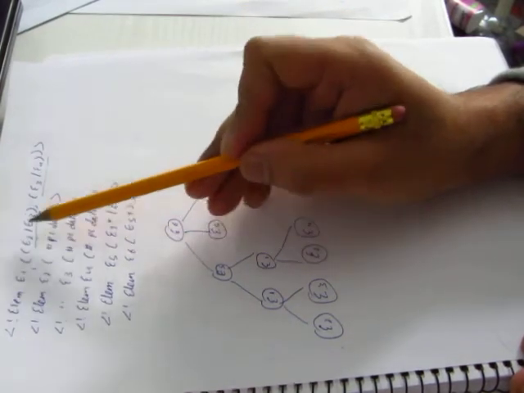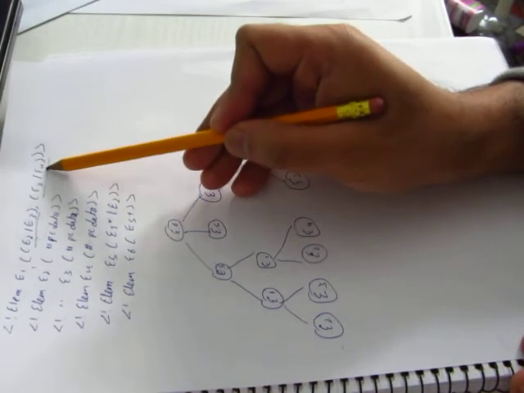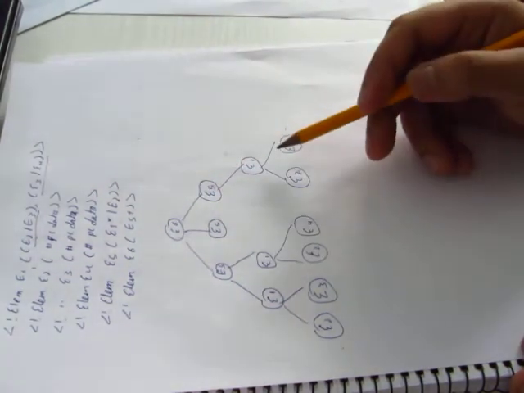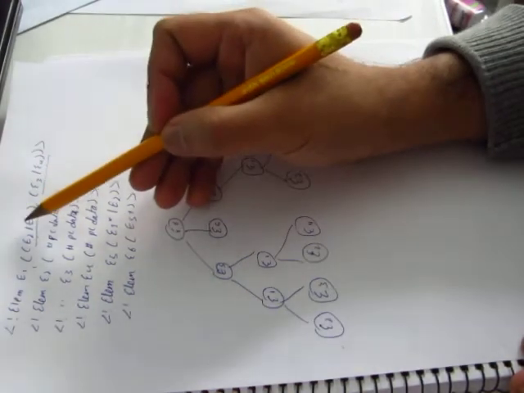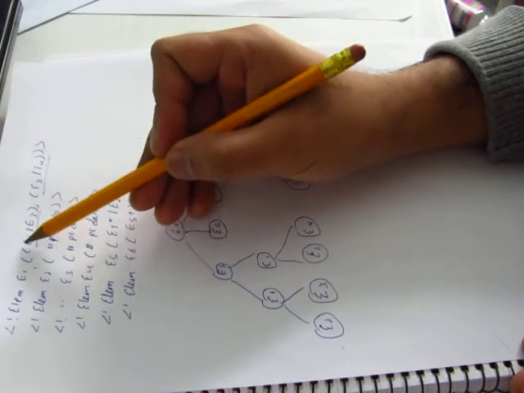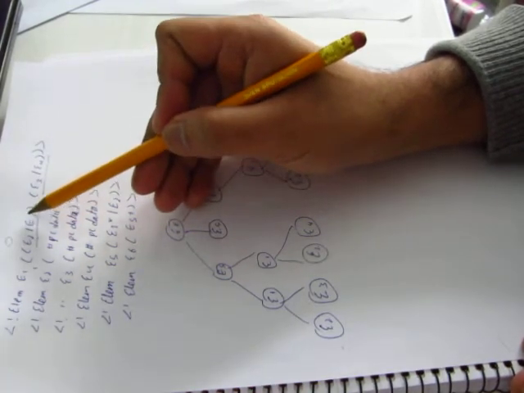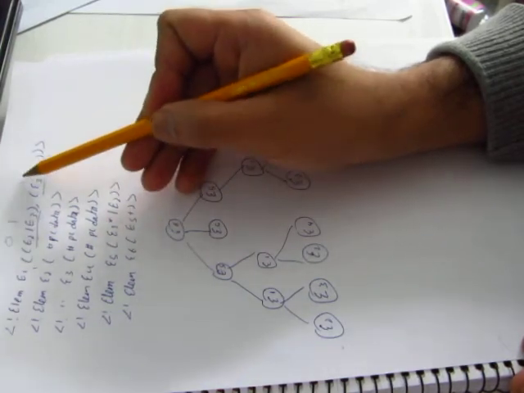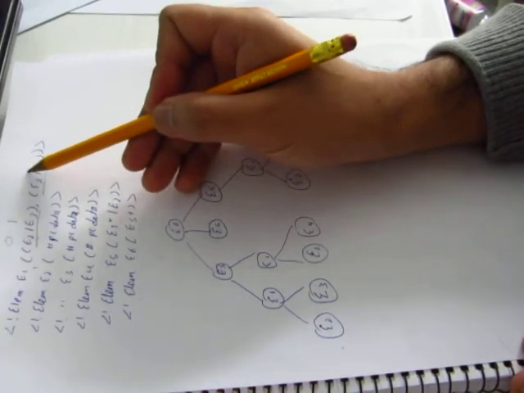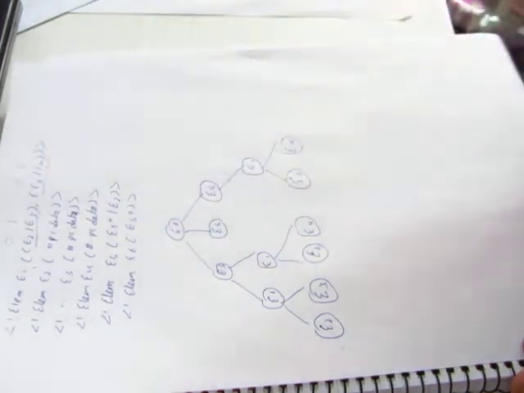First child can be either E1 or E3, and next sibling can be either E3 or E4. So let's choose: if we choose the left-hand side, let's put it 0, and if we choose the right-hand side, let's put it 1. Same for here. If we choose the left side, then it's 0. If we choose the right side, then it's 1.